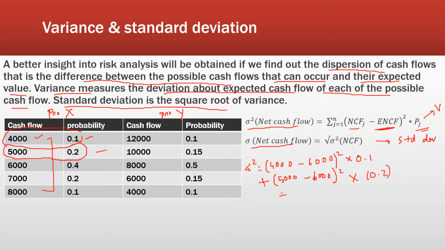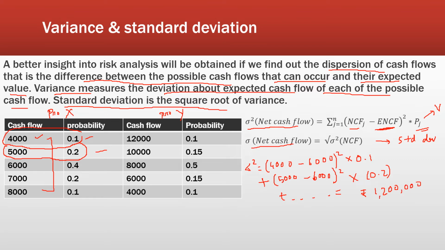So just like that, with dot dot dot, this value becomes rupees 1,200,000.